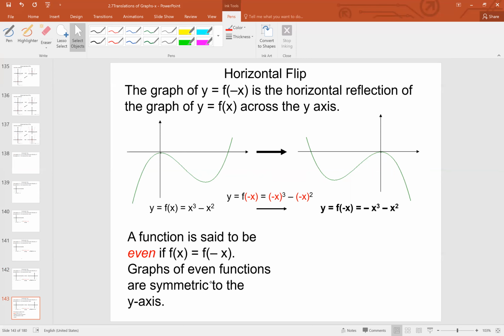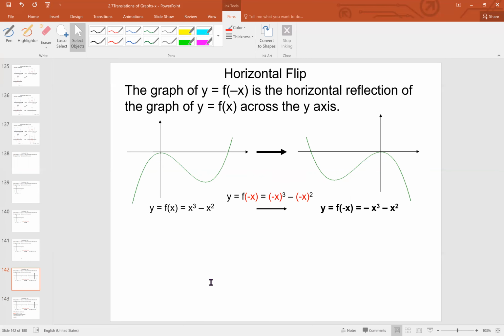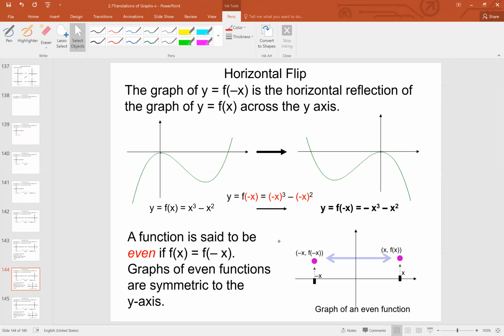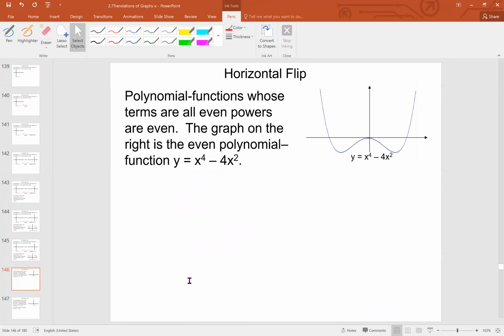Even and odd functions. Okay. An odd function is when we put into f of x a minus sign, and it can be pulled out. Okay. An even function is where I plug in minus x and I get the same as the original f of x.